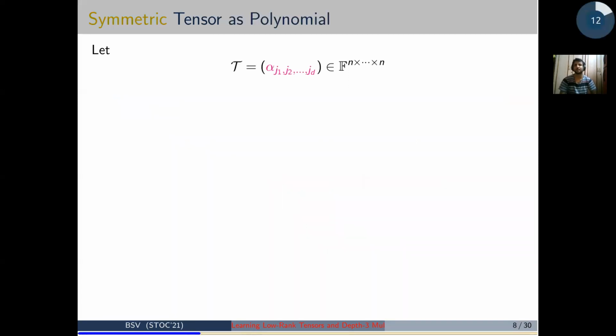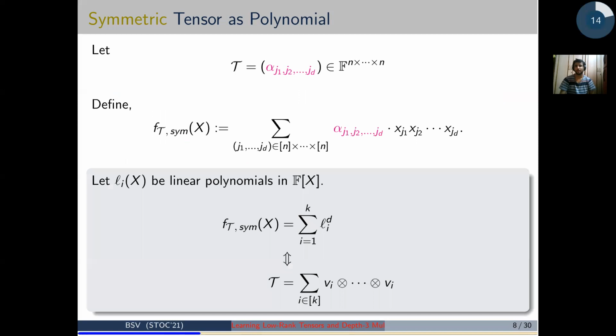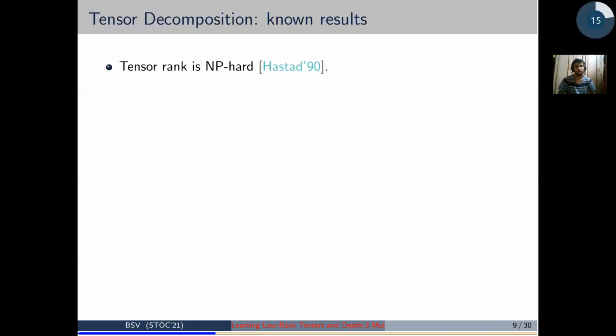Again, you can define a polynomial f tau sym corresponding to a symmetric tensor, and the corresponding representation which captures the notion of symmetric decomposition and symmetric rank is this model of sums of powers of linear forms.